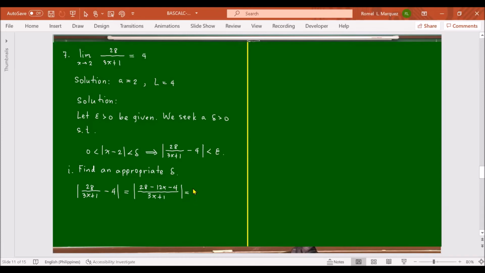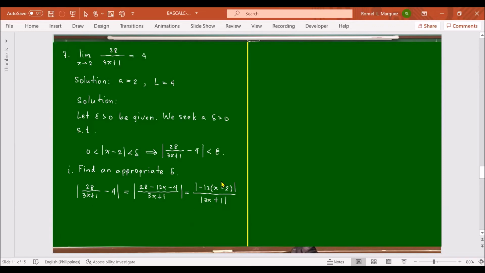And this is equal to, when simplified, 28 minus 4 is 24. Factoring out 12, we have negative 12 times x plus negative 2, meaning x minus 2. Let's check: negative 12x, negative 12 plus negative 2, positive 24. Okay. All over the absolute value of 3x plus 1.